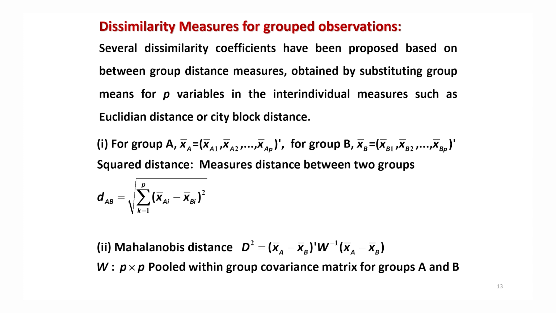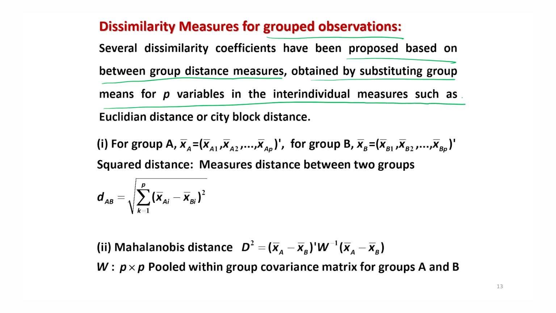And then there are several dissimilarity measures for grouped observations also. They have been proposed based on between-group distance measures, which are obtained by substituting the group means for the p variables in the inter-individual measures such as Euclidean distance or city block distance.